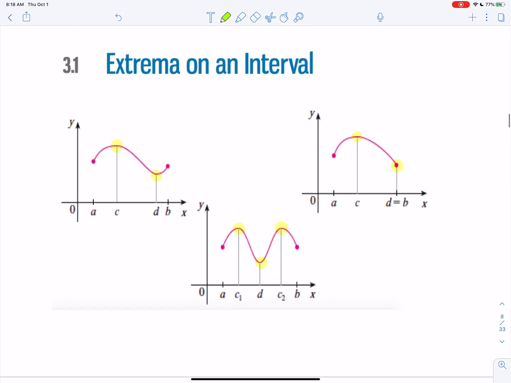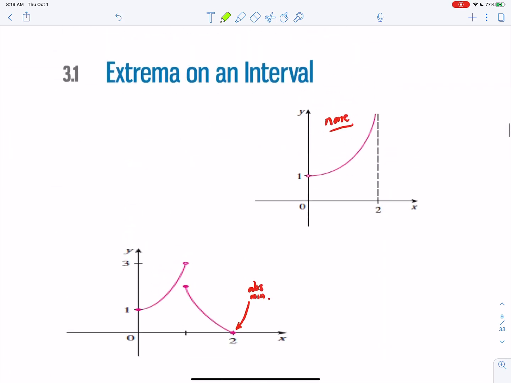Now all of these 3 pink graphs, notice how they are all continuous, and they are all continuous on a closed interval, meaning the endpoints are closed. Closed intervals. Okay, the endpoints are closed. And that guaranteed us at least one of each. Now, even though this has 2, remember the word is at least one of each, okay?